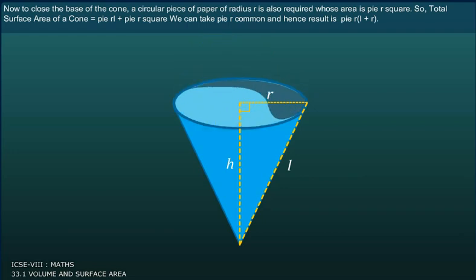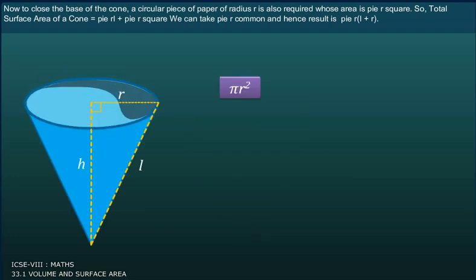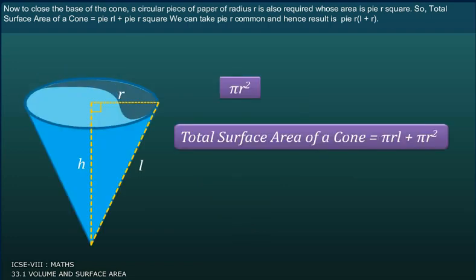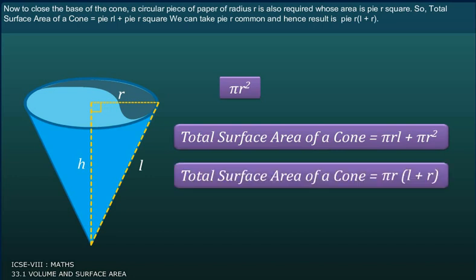Now, to close the base of the cone, a circular piece of paper of radius r is also required, whose area is pi r square. So, total surface area of a cone is equal to pi r L plus pi r square. We can take pi r common, and hence the result is pi r (L plus r).